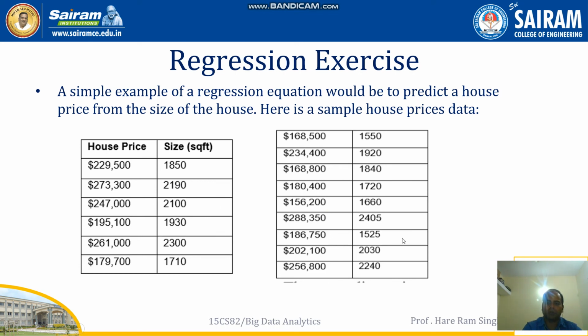Based on this, we have to predict the price of a house whose size is given. Suppose I want to buy a house of 1500 square feet. What would be the price of that? Based on the given data, we will try to find out the price.